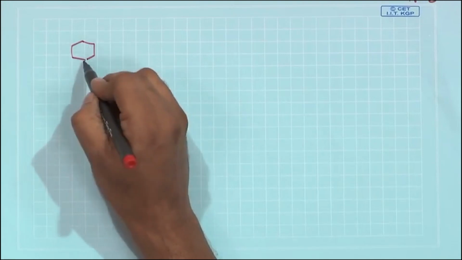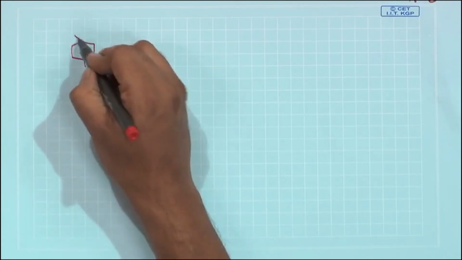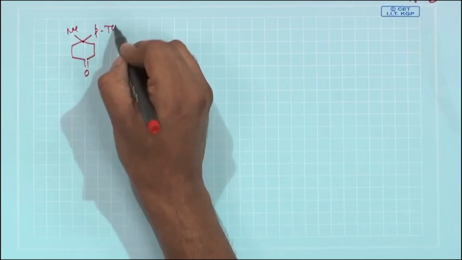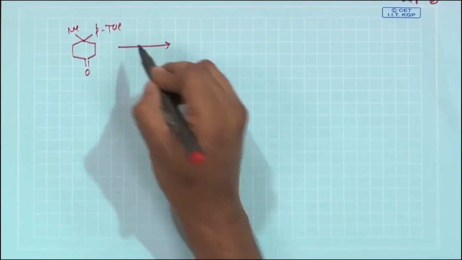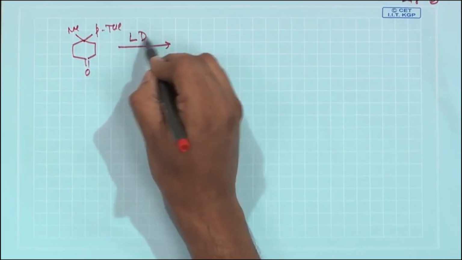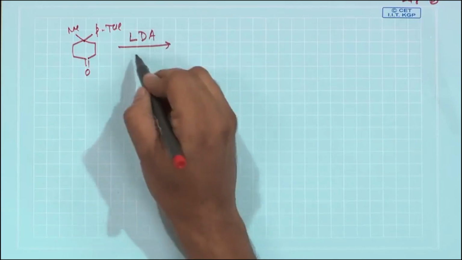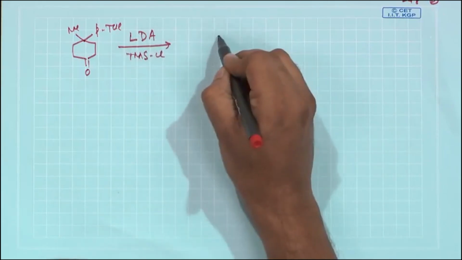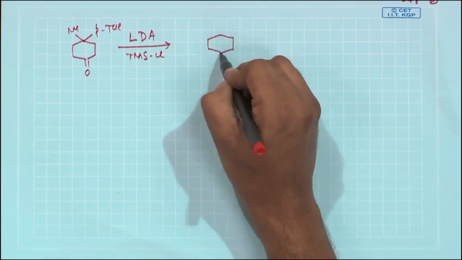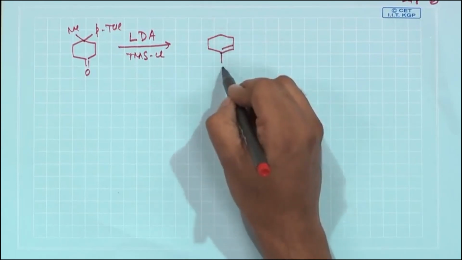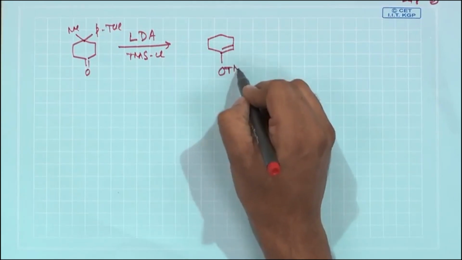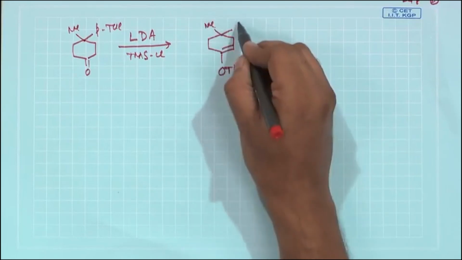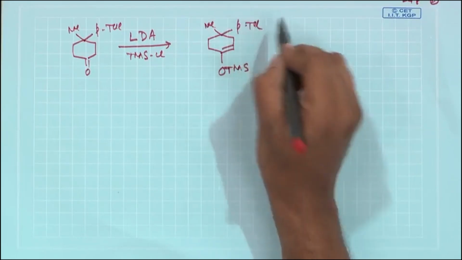The initial starting material is this, which I say is a symmetrical molecule. You do an LDA treatment followed by TMS chloride, which will give you the desymmetrization to give the enol ether with methyl and paratolyl.